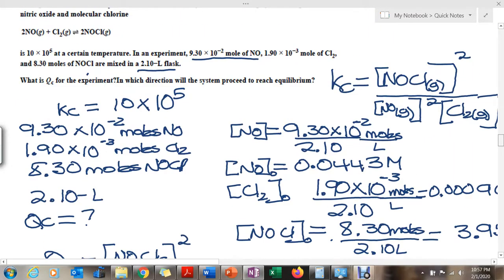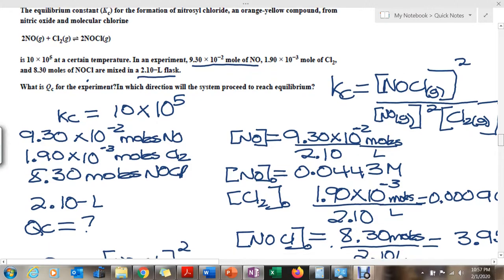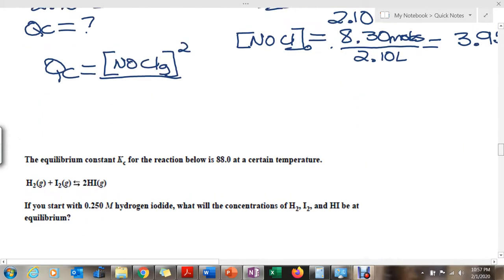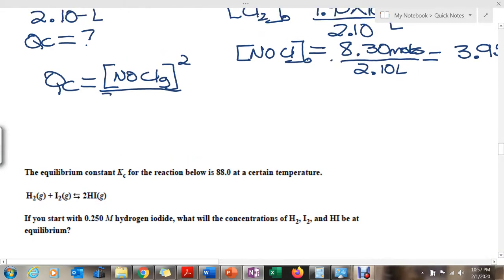It could be at equilibrium, then Q is equal to K. It is divided by Cl2 gas and NO gas squared.